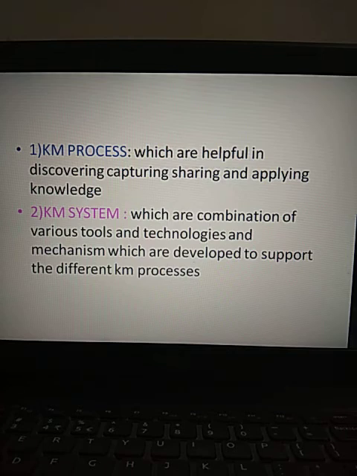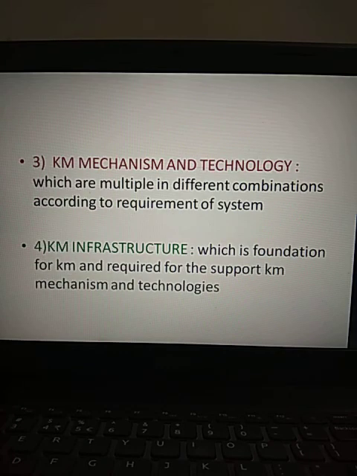Under the KM system, I mean the knowledge management system, there is a combination of various tools, technologies and mechanisms developed to support the different knowledge management processes. Here one can find various kinds of mechanisms and technologies which support the first one, the knowledge management process. Exclusively under knowledge management mechanism and technology, there are multiple different combinations of mechanisms and technologies which are going to help the system.